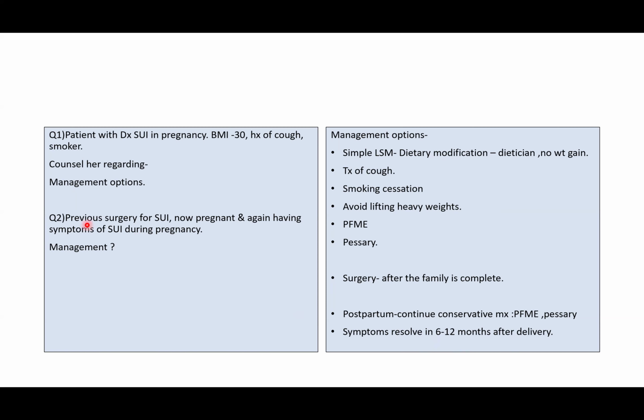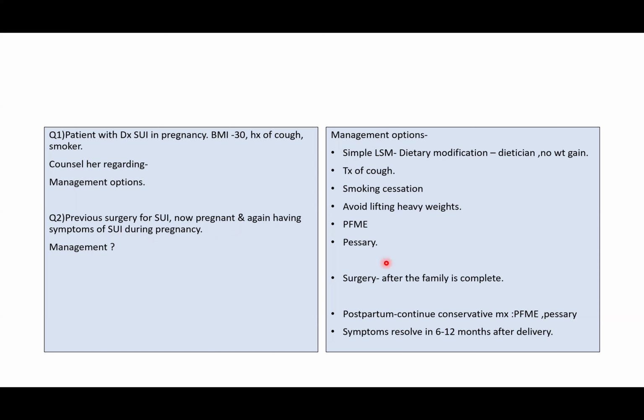All right, then second scenario. Now this lady who was having stress urinary incontinence in pregnancy, now she had a surgery. Again, she is pregnant despite advising against pregnancy, and she is again having recurrence of stress urinary incontinence during pregnancy. Same treatments, my dear.